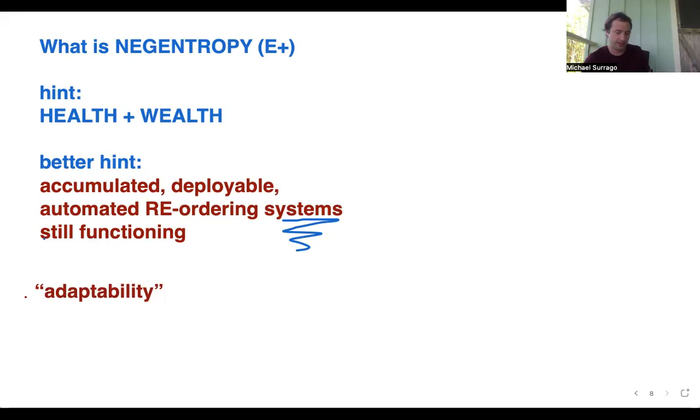So that's what negentropy basically is. And this is really interesting because I want to just make a note here. This is an important note. Zero entropy is perfect order, right?